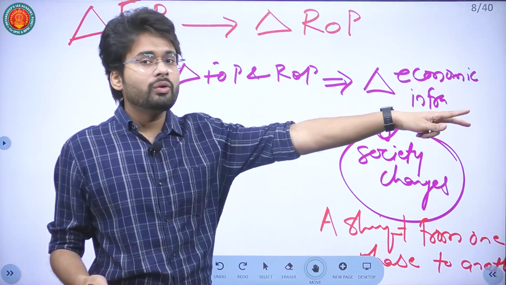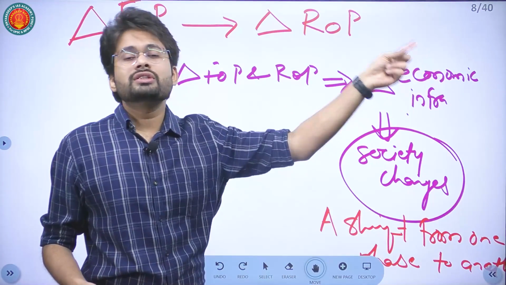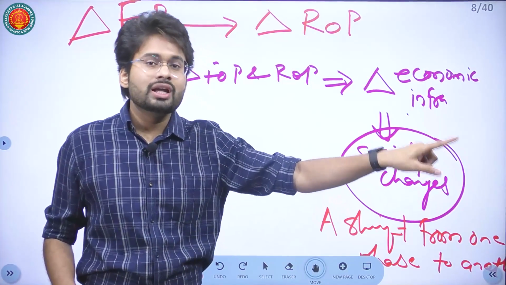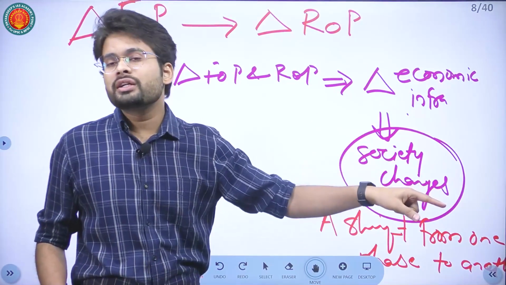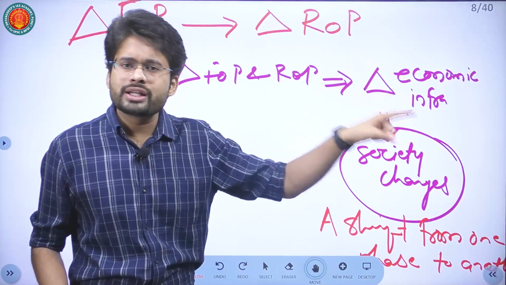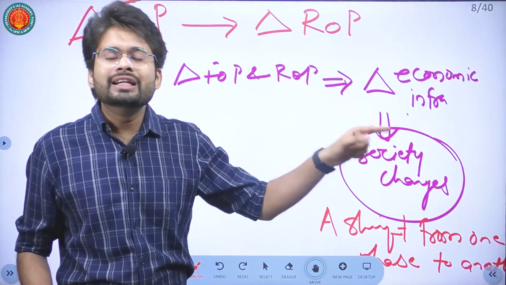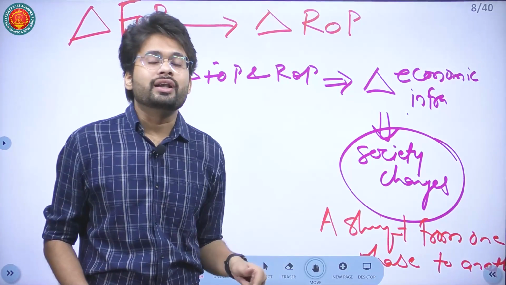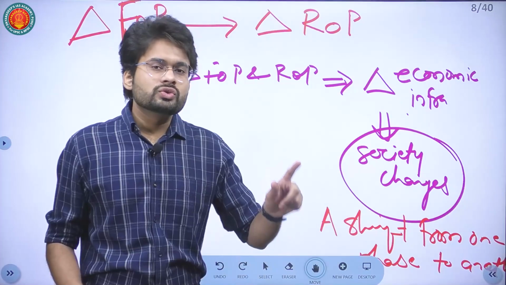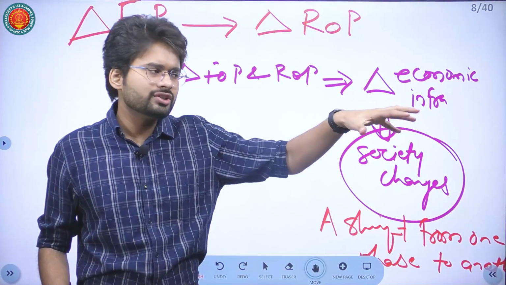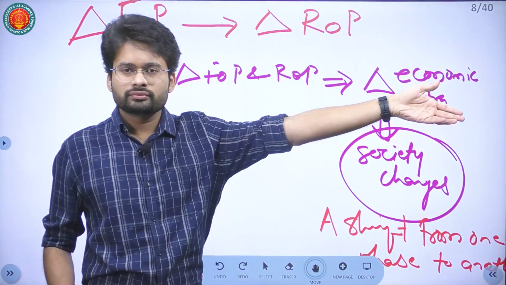Okay, now we are talking about another new stage in which the factors of production are changing, that is leading to the change in the relationships of production. It will change the economic infrastructure, that is the very foundation of the society. And once the foundation of society gets changed, it leads to change in the society. That means society will just shift from that stage or phase to another stage.